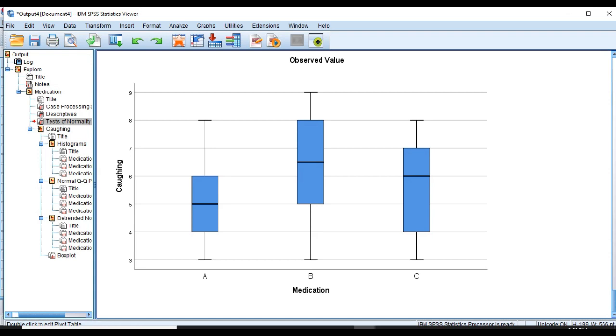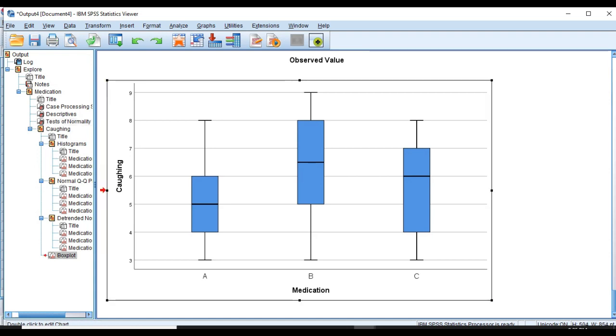Looking at the box plots, they're roughly the same. The distances between these are almost equal, since we're looking for similarity rather than for them to be exactly identical.